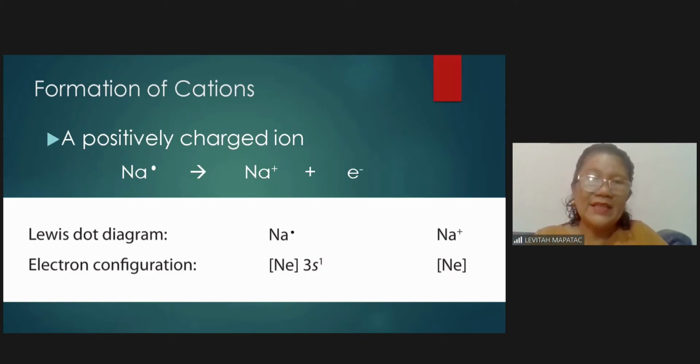So what is the outside electron? That is s1, meaning this is now our valence electron. Therefore, that will be represented by 1 dot.